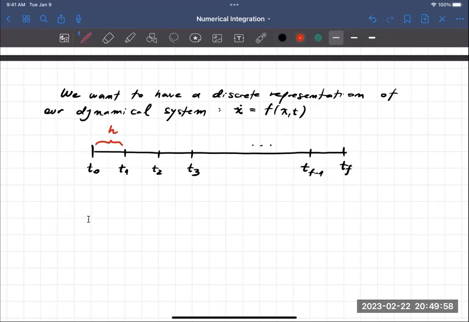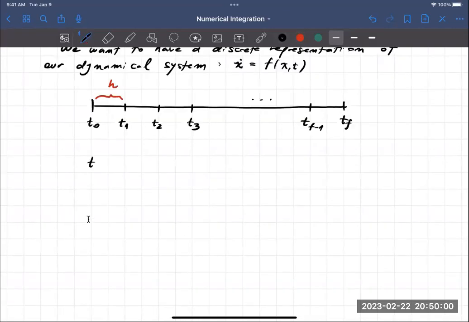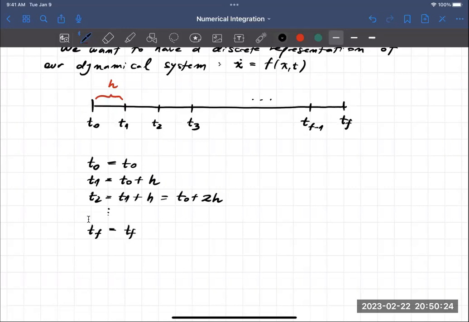So of course we can write this down. T0 is, of course, T0. T1 is going to be T0 plus h. T2 is going to be T1 plus h, which is going to be the same as T0 plus 2h, and so on, up to Tf, which is going to be Tf minus 1 plus h.